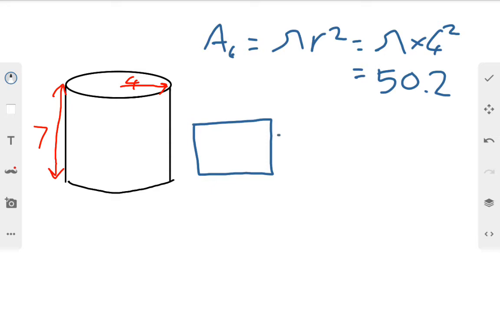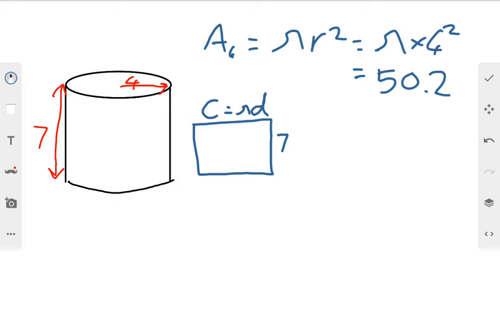With this length here being 7, the same as the height, and this length on the top being what would wrap around the circle, which would be the same as the circumference. And the formula for the circumference is pi times the diameter. So in this case, the diameter being double the radius is 8.